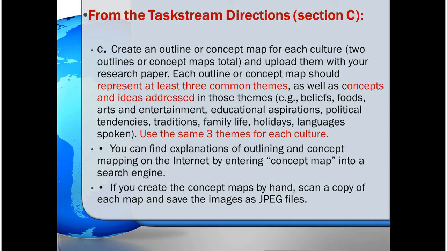So here's where we kind of get into our comparison. We talk about section C here, the creation of an outline or concept map for each culture. And in these concept maps or outlines is where we find our 3 themes common to both cultures. Now, what kind of themes are we talking about here? Well, it could be a whole number of things.